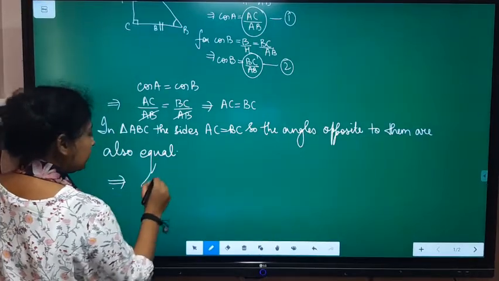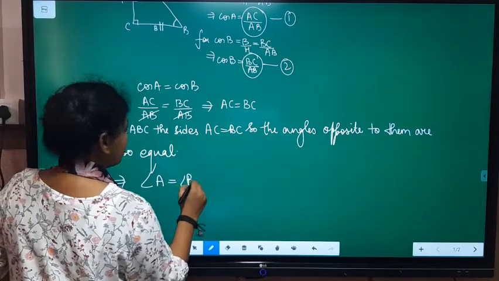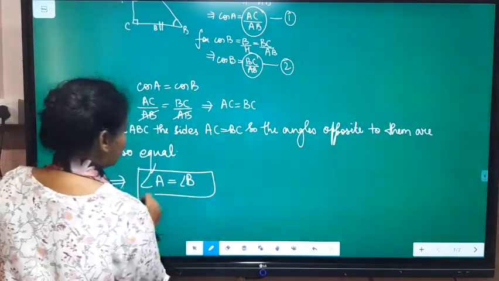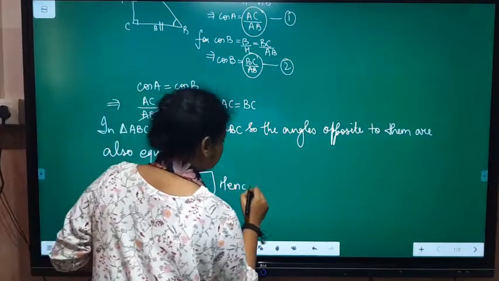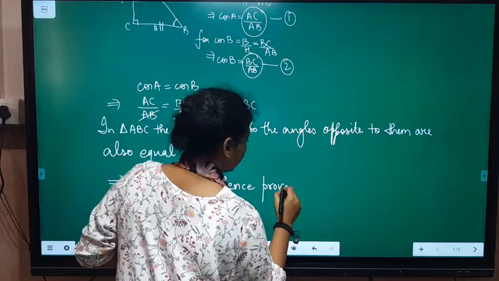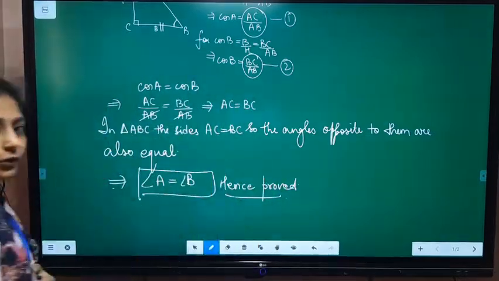This leaves us with angle A equals angle B, and this is what we had to prove. So hence proved. This completes our question number 6.